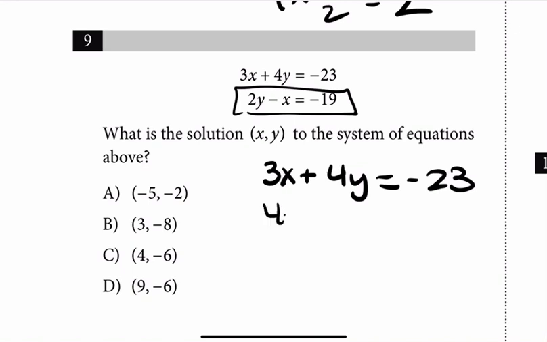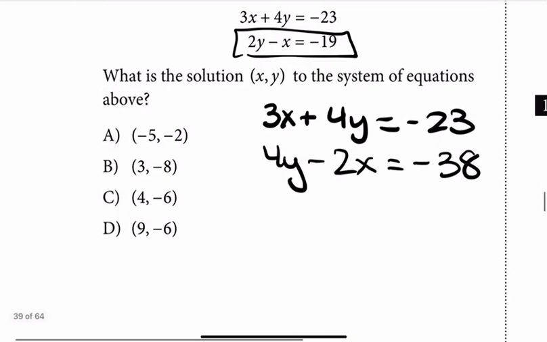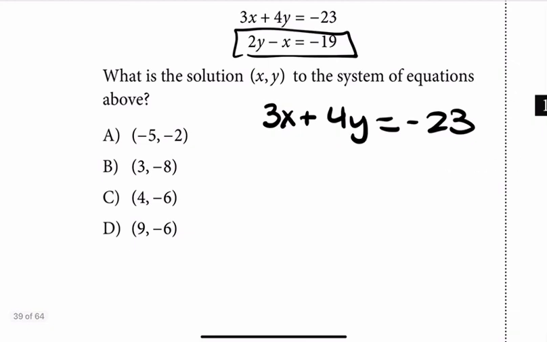So I'm going to do 4y minus 2x equals negative 38, and it's nice to just rewrite this. Sometimes rewriting this bottom as negative 2x plus 4y equals negative 38 helps.